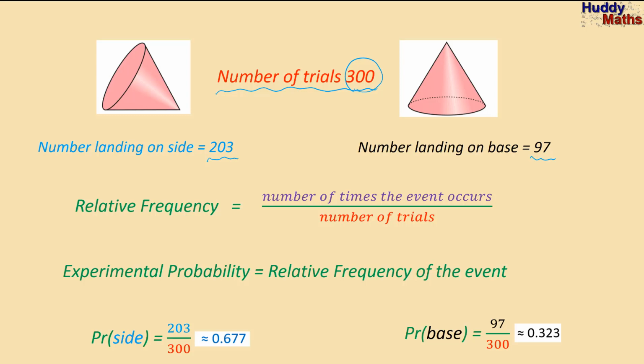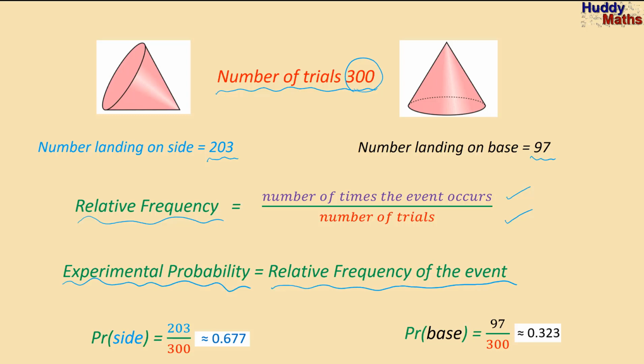All right, so we're going to use this now. The relative frequency is the number of times the event occurs over the total number of trials. Same idea as chances out of the total in theoretical probability. So we're working with a fraction from 0 to 1, and we're going to define the experimental probability as the relative frequency of the event.